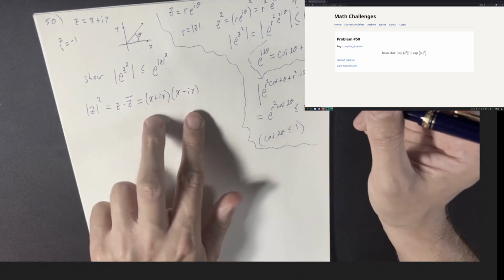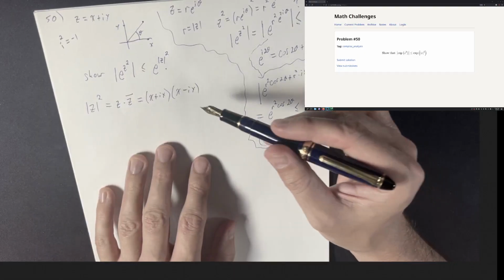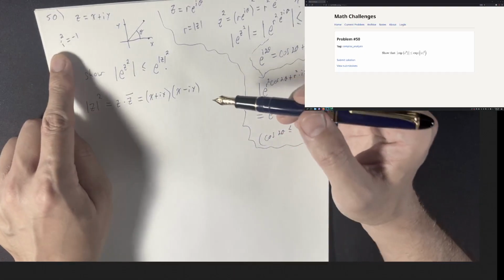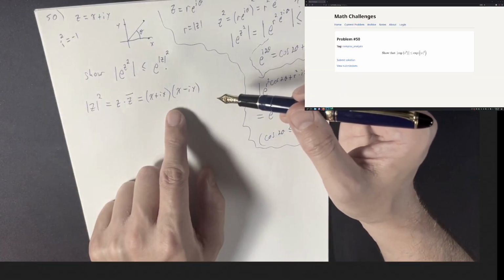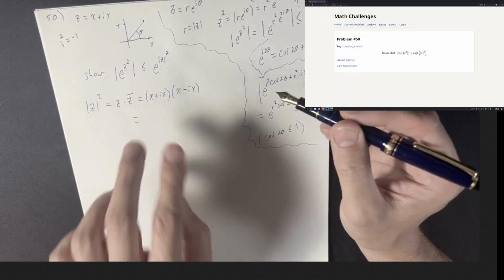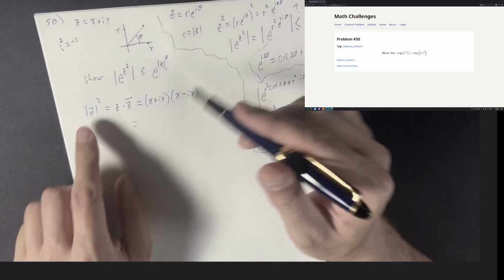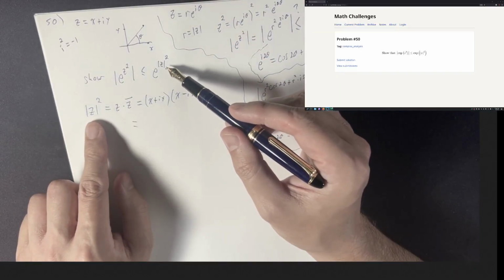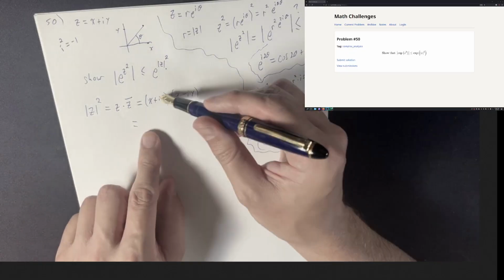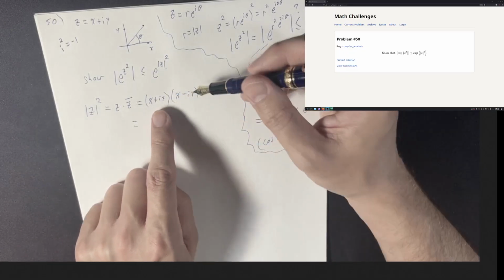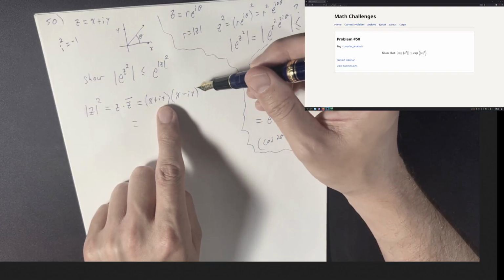If you multiply these together, just regular algebra, FOIL it out, you'll get a formula like x squared plus y squared. So that's what everyone knows the magnitude of z squared is.